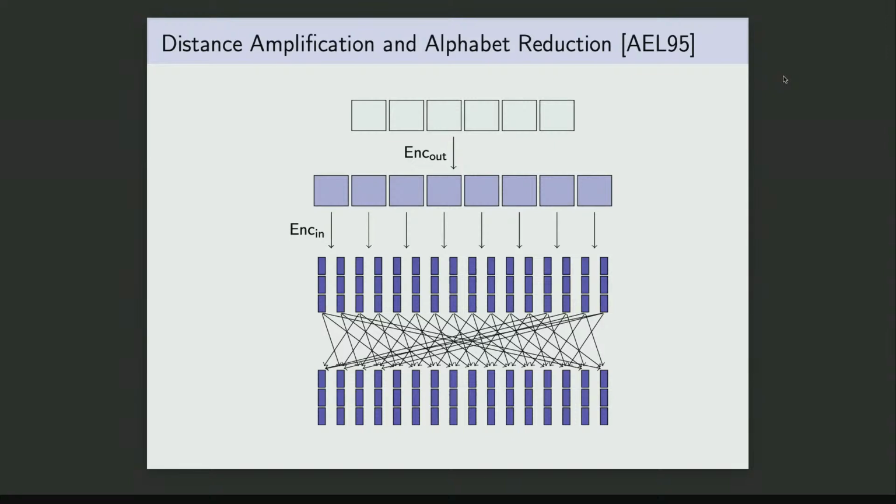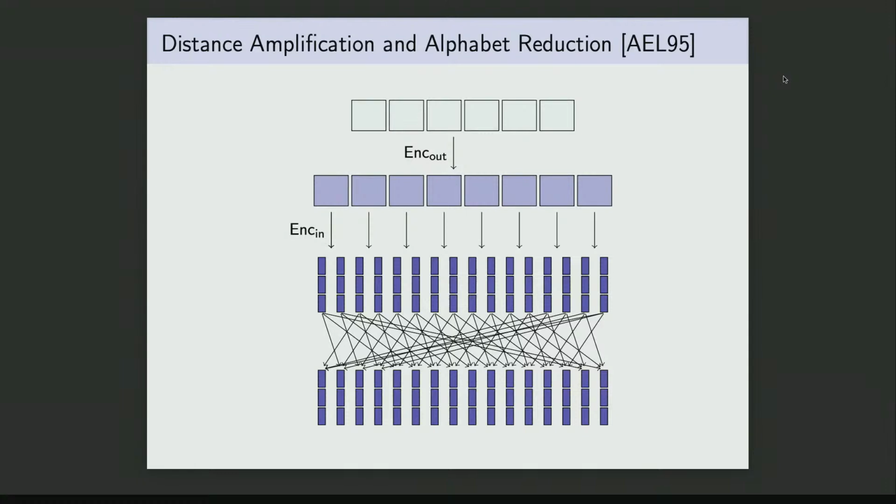Sorry, what happens when 2 symbols map to the same one? Right, so maybe this drawing isn't clear, but each of these blocks down here has 3 incoming arrows. So we just order them in some way. There are 3 incoming arrows, and each one is carrying a single symbol.